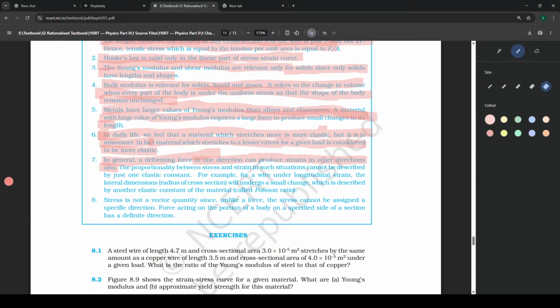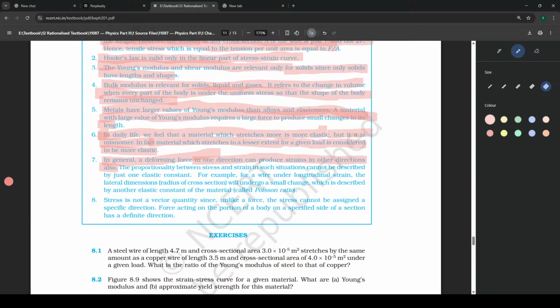This is because, let's assume a rod which has uniform volume. Assume we are stretching it, we are elongating it. When that happens, the length increases, but the radius of the wire will keep on decreasing.